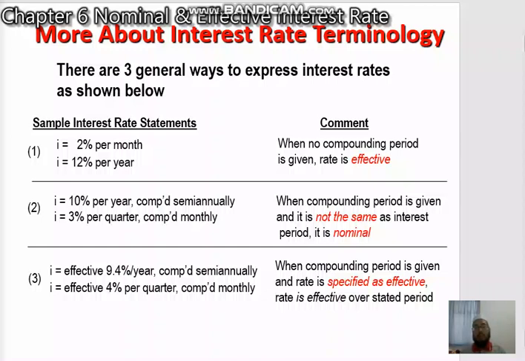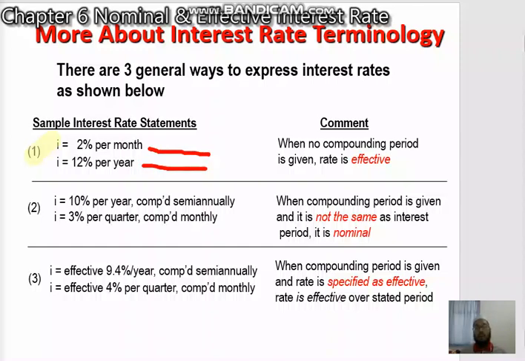In this session, we are continuing to discuss interest rate terminology, the nominal and effective interest rates. In general, there are three ways to express interest rates. So first, I given 2% per month or 12% per year. If we look at this statement, we realize that there is no compounding period given.